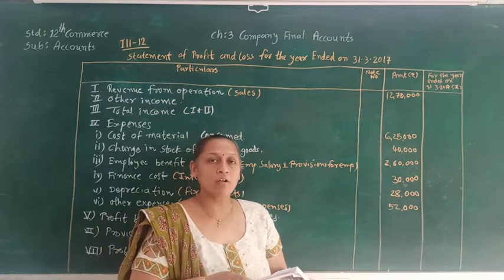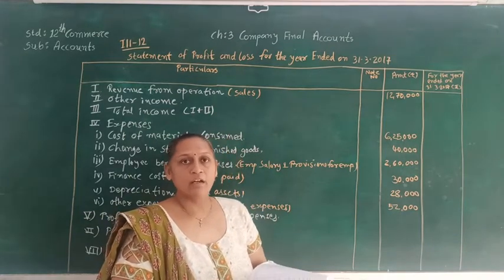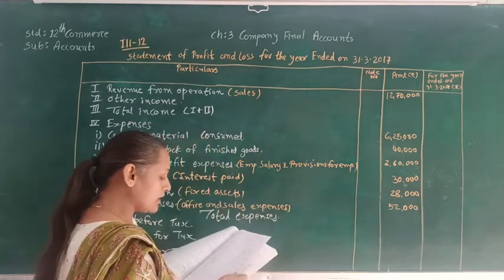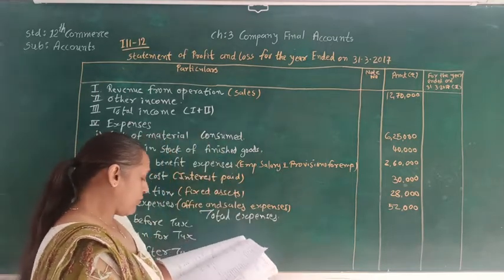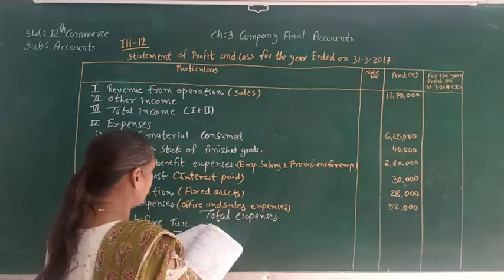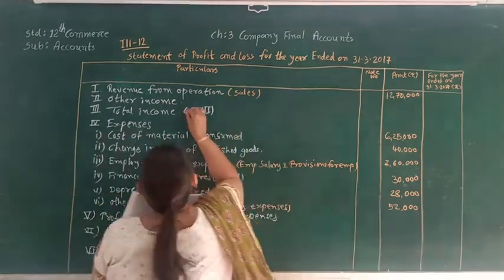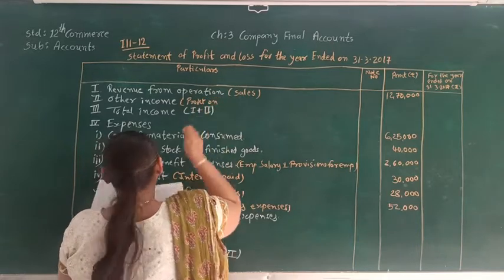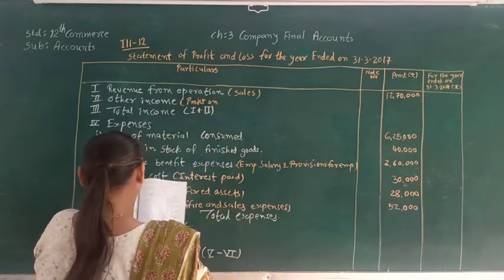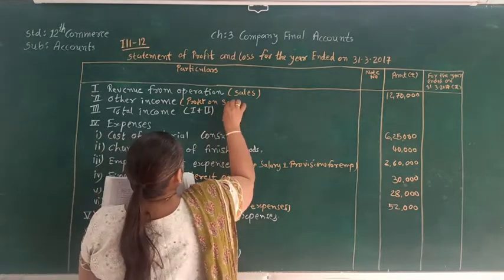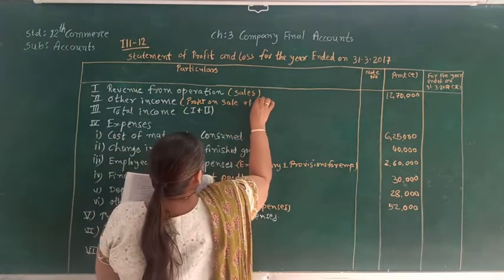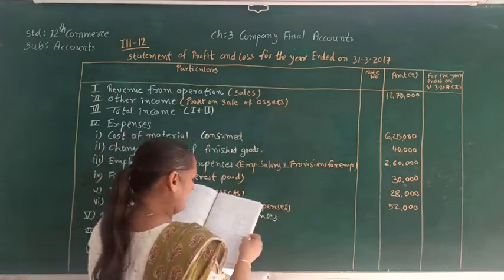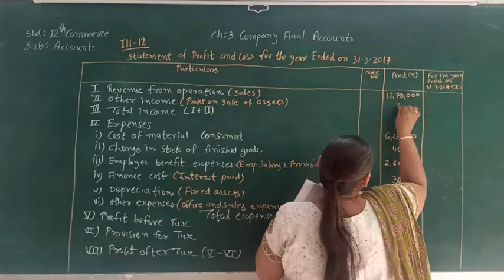Profit on sale of asset is not a day-to-day business activity, and that's why it will be treated as other income, and it will fall under the head other income. Here profit on sale of asset, and it is 35,000.